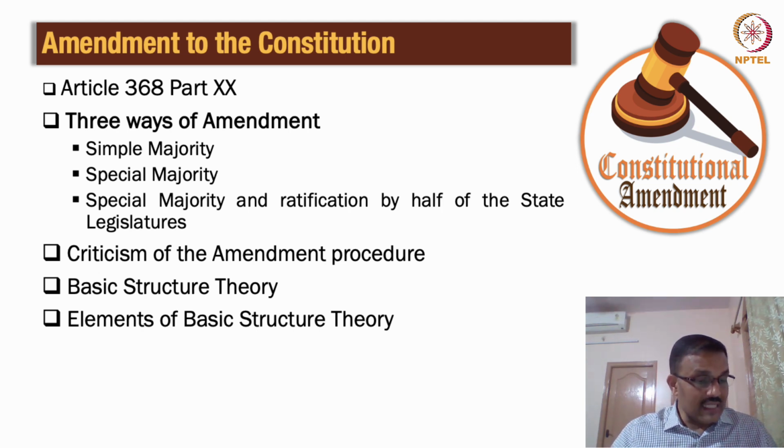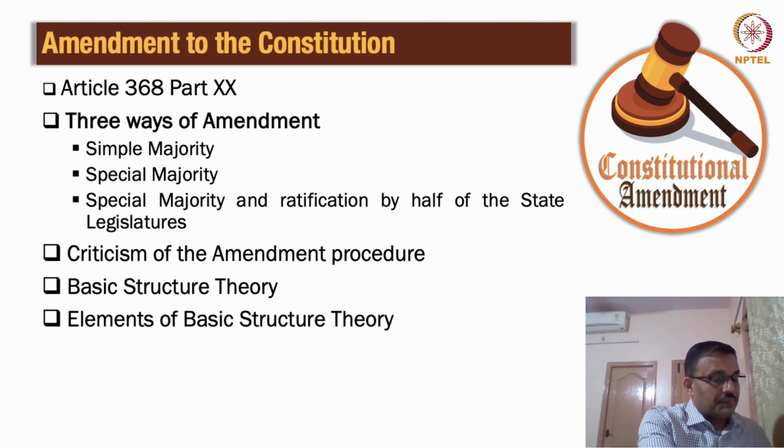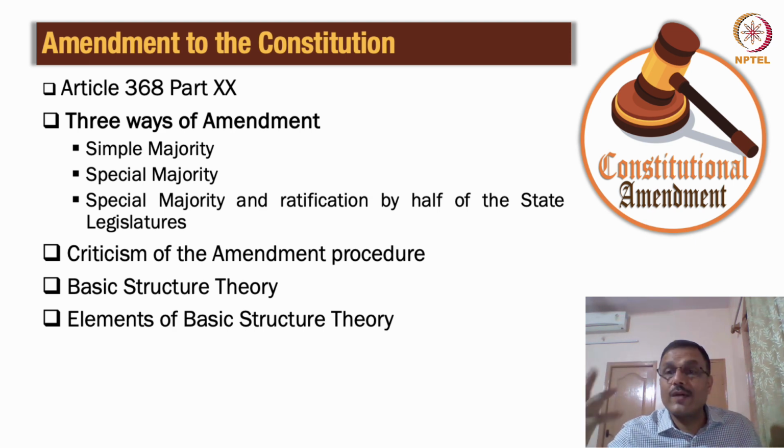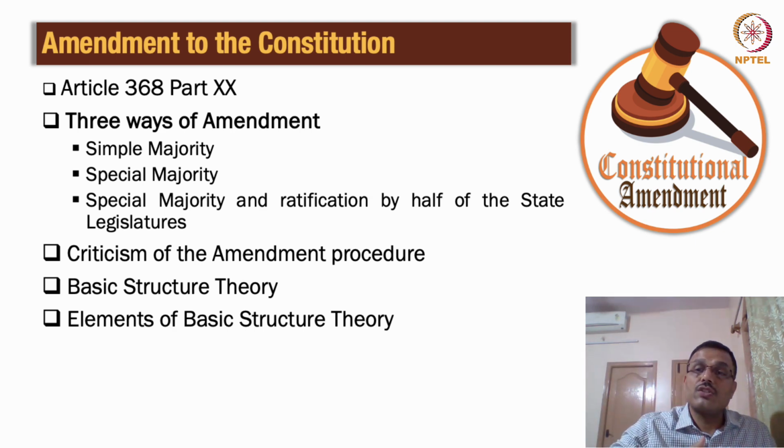Now, please note, in 1975, in a case called the Indira Nehru Gandhi case, this is Indira Gandhi versus Raj Narain, the 1975 very famous case where Raj Narain challenges the election of Indira Gandhi. So it's a very popular turning point in the Indian constitution.